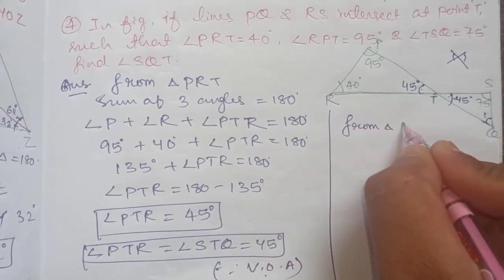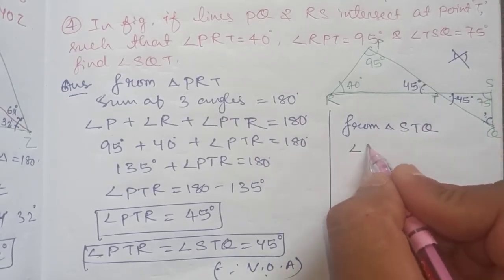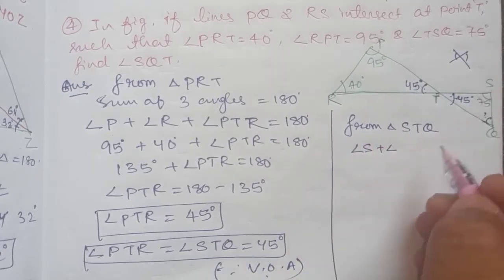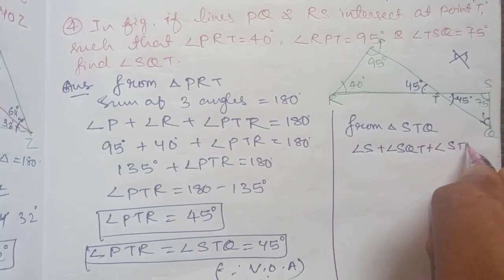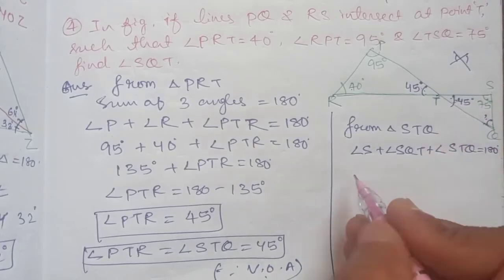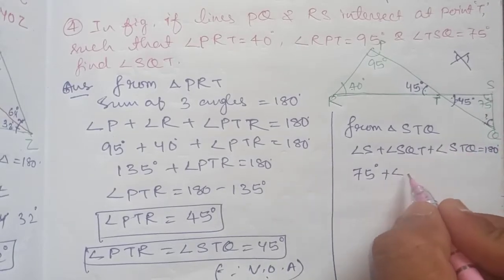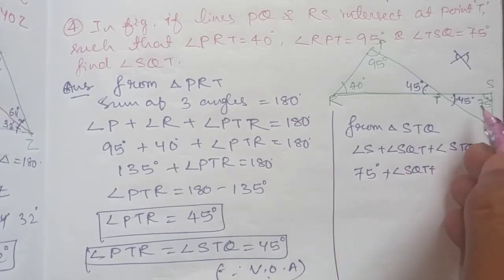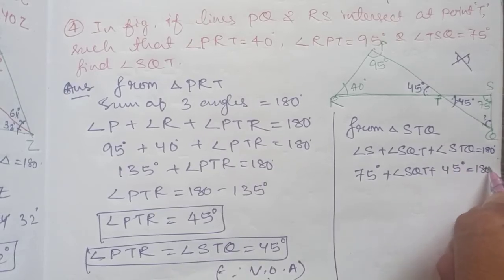So from triangle STQ, angle S plus angle SQT plus angle STQ equals 180 degrees. Angle S is 75 degrees, SQT we don't know, angle STQ is 45 degrees, equals 180.